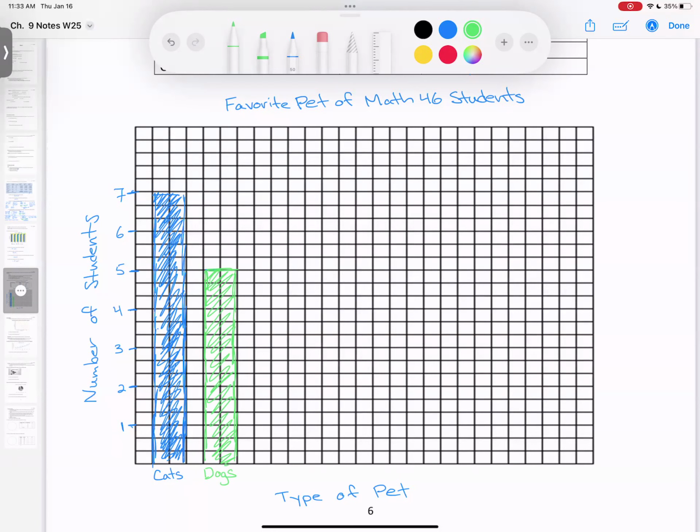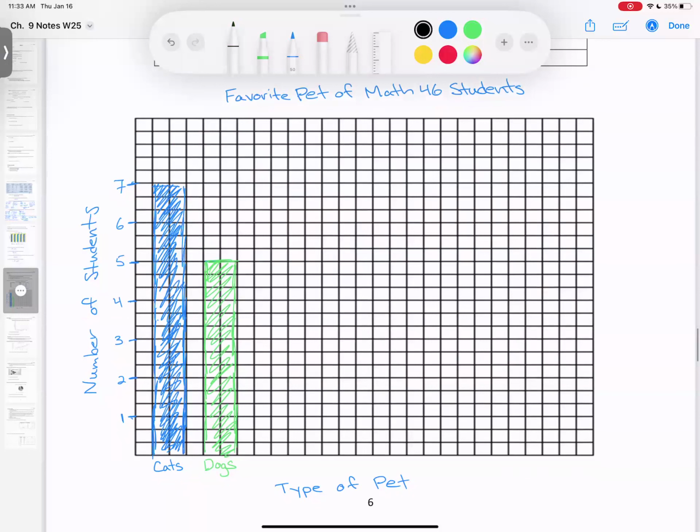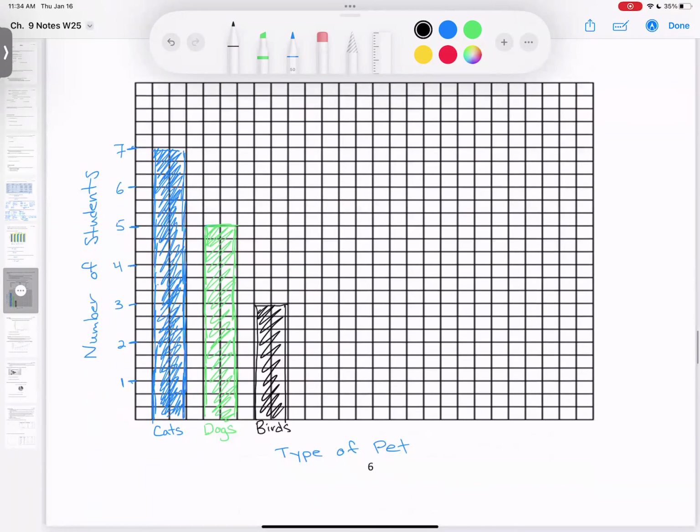So there are our dogs. Next up, we have 3 birds. And then 2 fish.